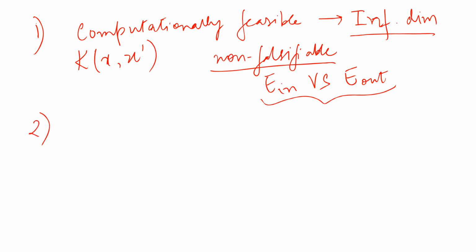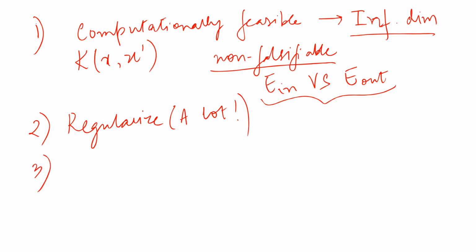Well, the second point here is that we need to regularize, believe it or not, and regularize a lot, I would say, in this situation whenever we are working with higher dimensional space. So basically what we are saying is we have to do a maximally regularized hyperplane. So the max margin with maximally regularized hypotheses, right? So we have to regularize and maximize that in order to get my final hyperplane.